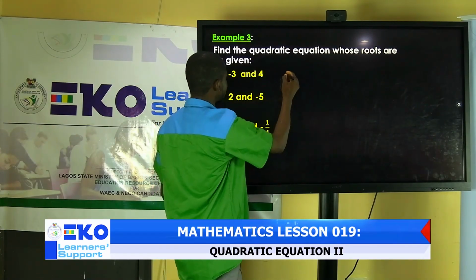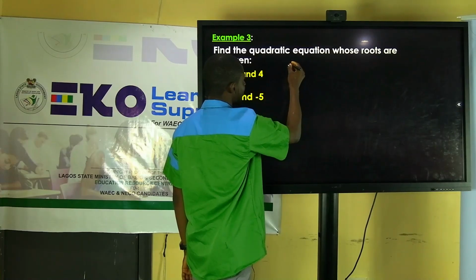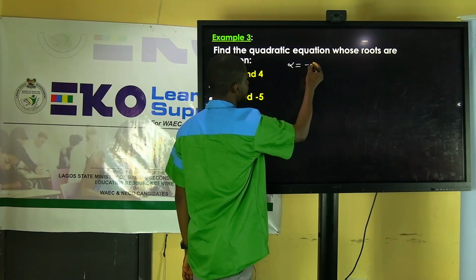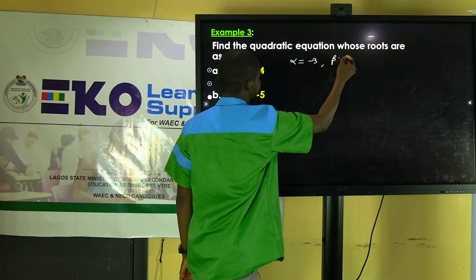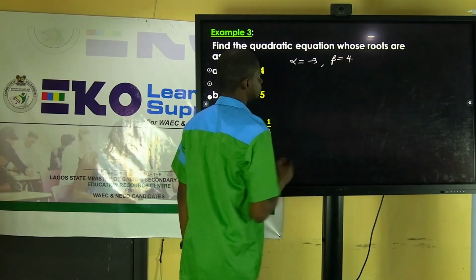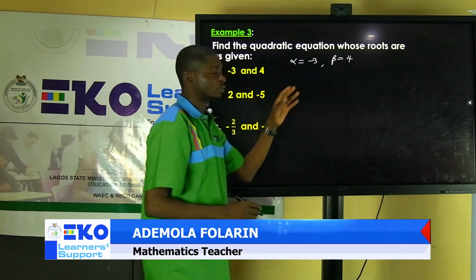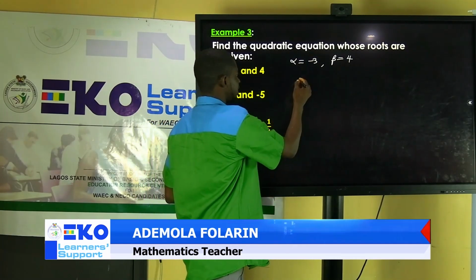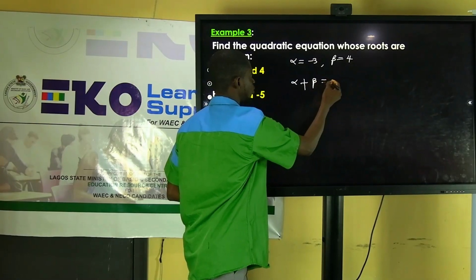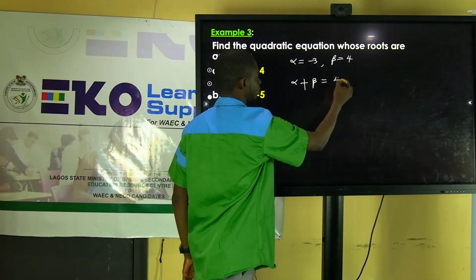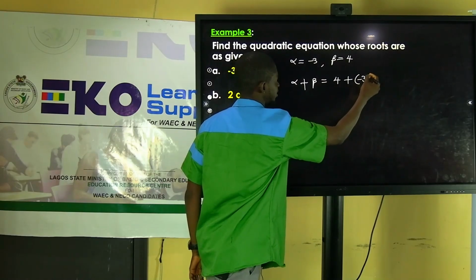So let's look at this. For this number 1, we can say our alpha equals -3 and beta equals 4. Let's not forget that the sum of the roots, alpha plus beta, will be equal to 4 plus -3.